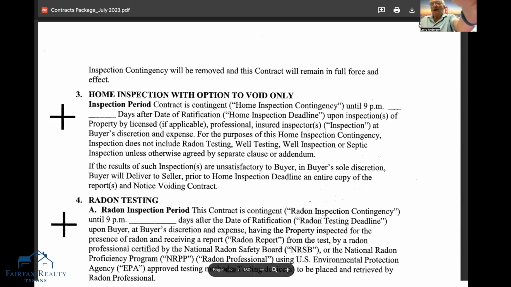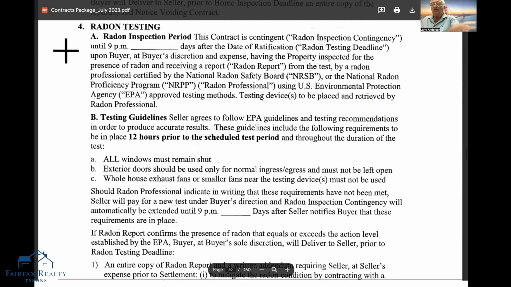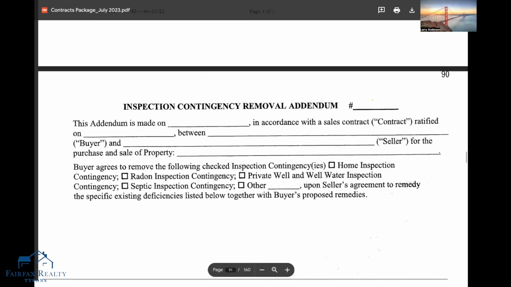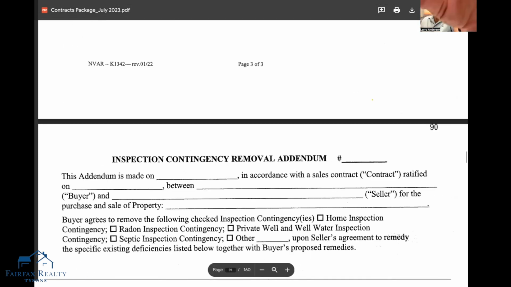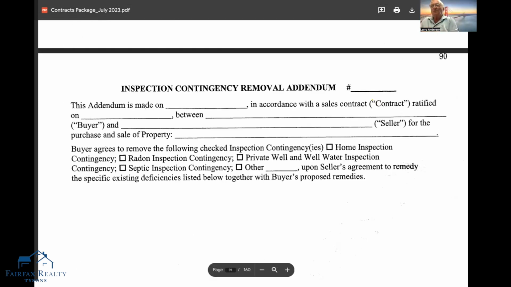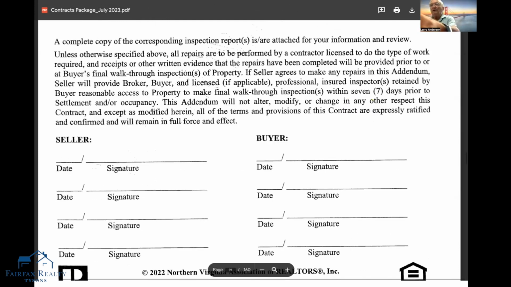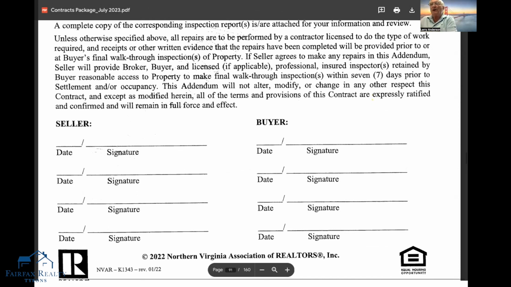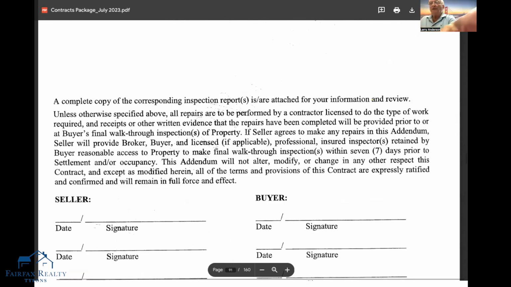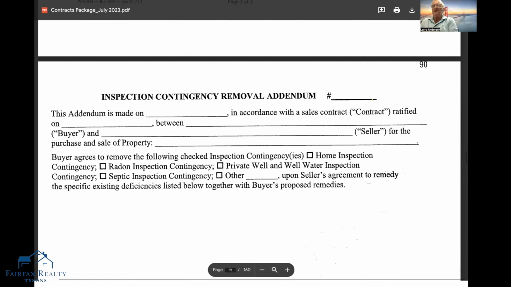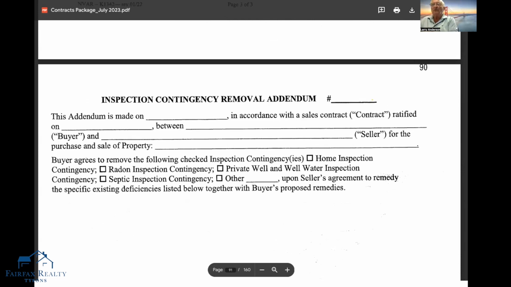Okay, and that's why I said as a buyer's agent, I'm going to take it a step further. I'm going to send this inspection contingency removal form over and list the stuff to be fixed, because in here now they've also given me permission to bring my what? The home inspector. My home inspector to the walkthrough. And that's probably not what they meant by saying, yeah, we'll fix these things, okay?